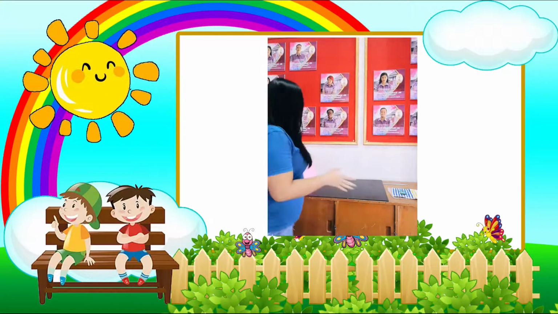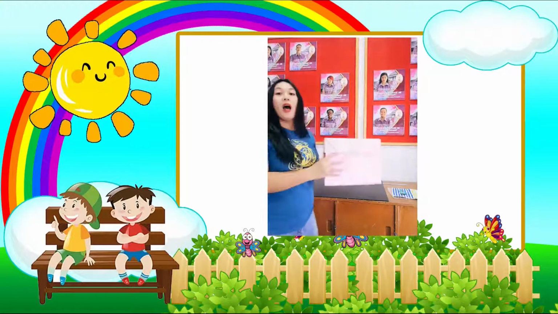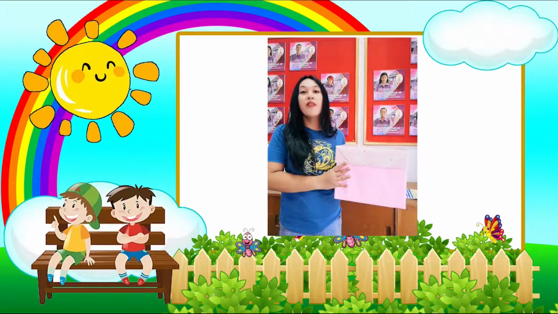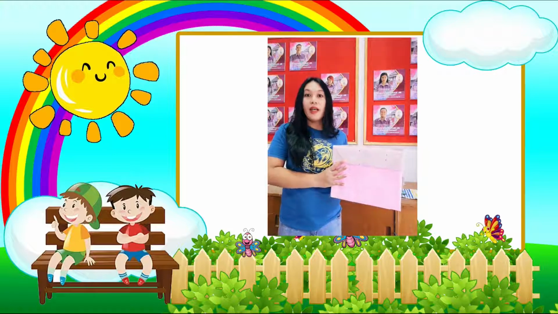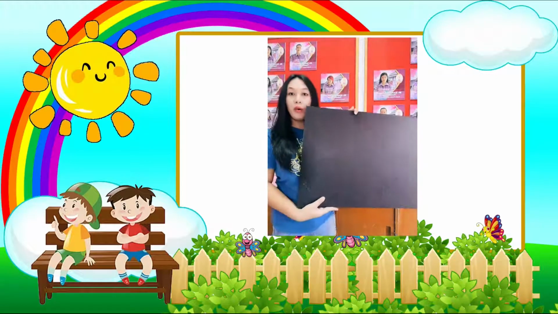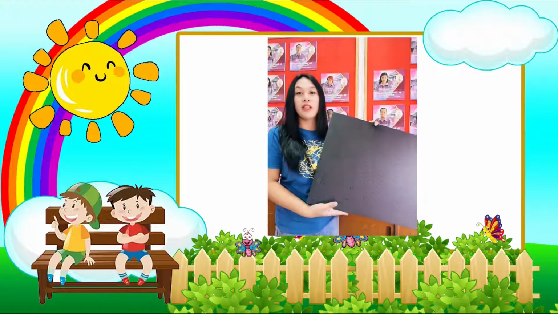So here are the materials that we need to conduct this experiment. We have a box, it could be a small box, just to elevate your feature board. We have a feature board or a smooth surface.